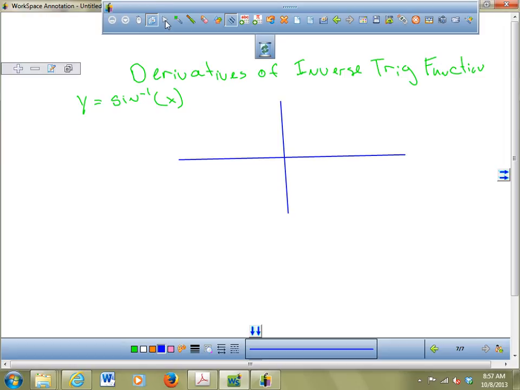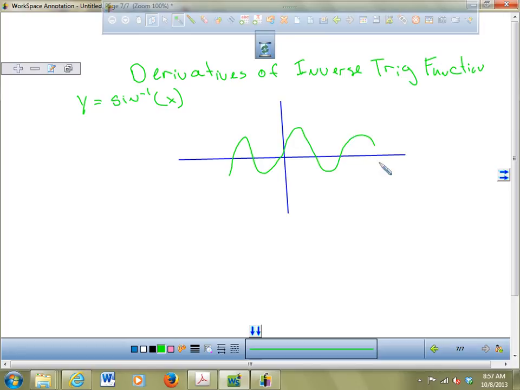An inverse trig function is something, so say we have y equals sine of x. That's not a very good sine curve, but it goes through 0, 0, right? So at pi over 2, what is sine? 1, okay?